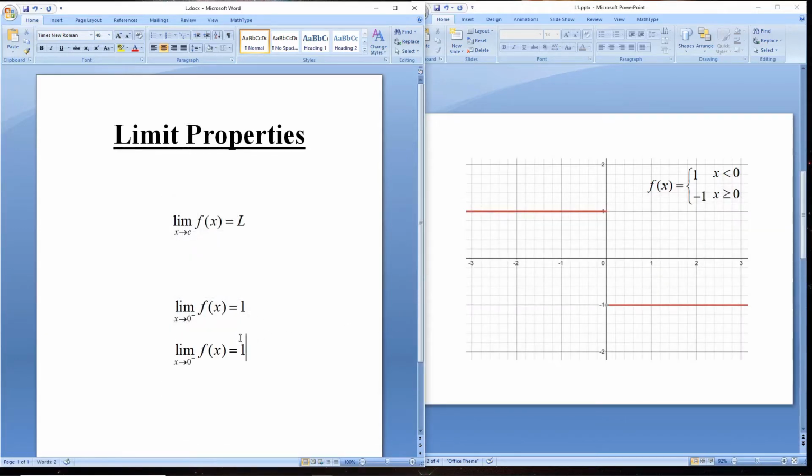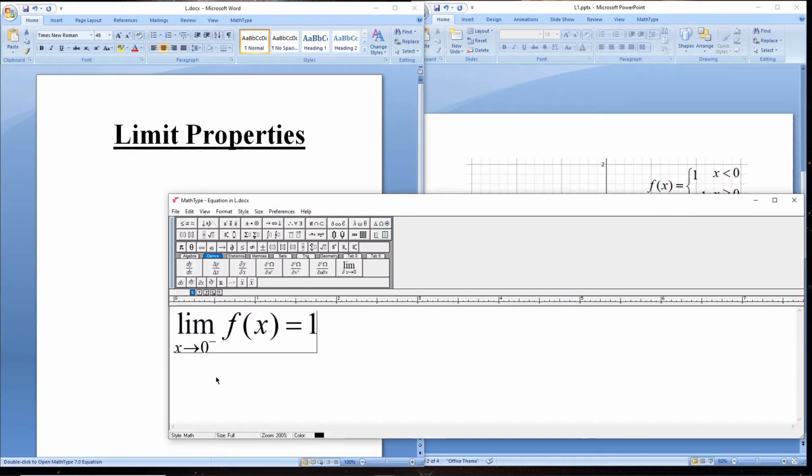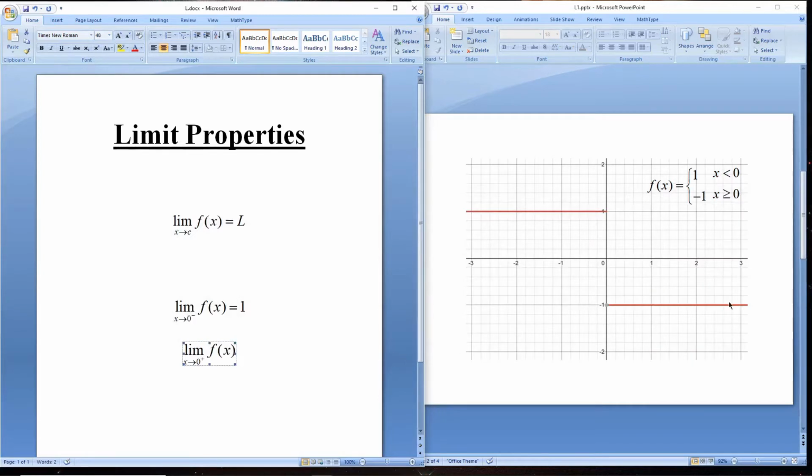If we look at the limit from the right, so here we are approaching 0 from the right, we find ourselves at a height of -1.